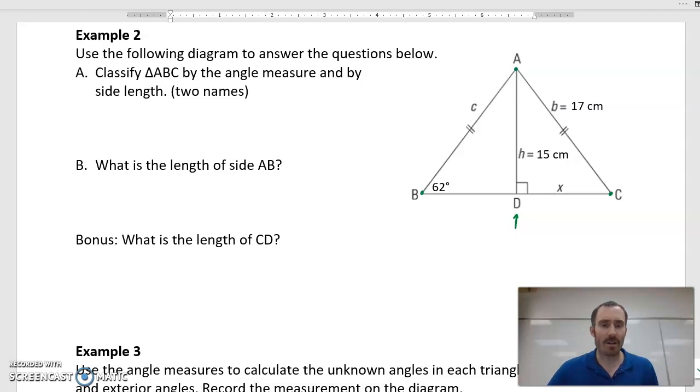And so by looking at this, I can see that we've got two side lengths that are the same, but the bottom is not the same. So that would make this an isosceles triangle, right? And I can see that the bottom is 62 degrees, and so that would also make this 62 degrees, right?